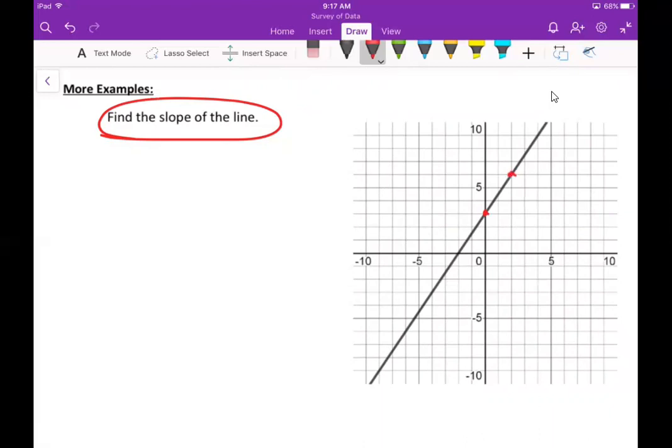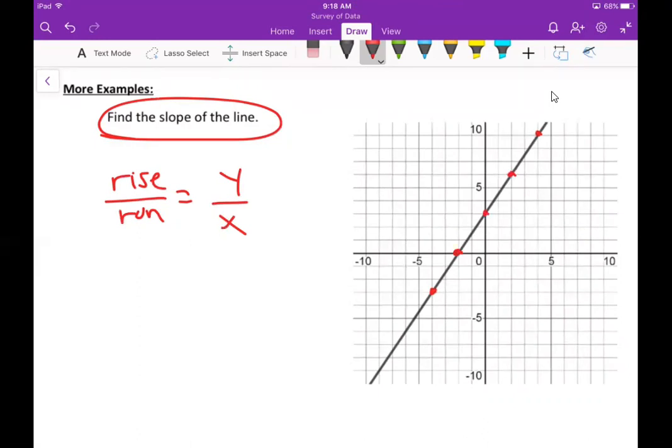Here's another point you could use. Here's another point you could use. Okay, you go to the left. You want to find the points that clearly cross on some crosshairs. And then what you're going to do is calculate that rise over run, that change in y over the change in x for this particular line.